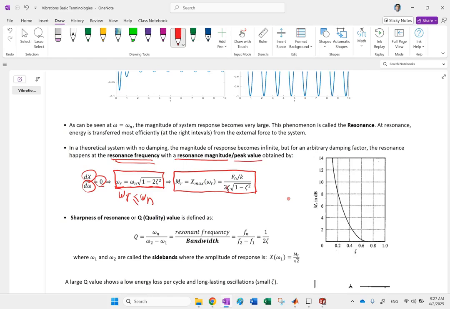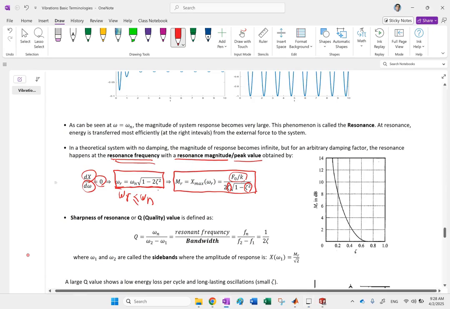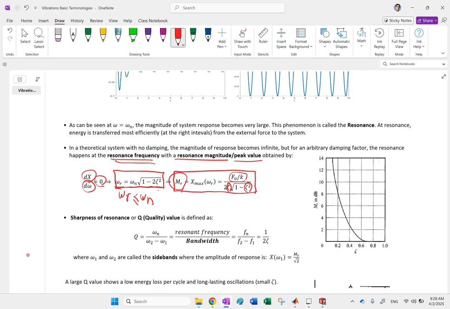Again, you see it's a function of zeta and of course F naught over K. So the actual maximum value is a function of zeta as well as the resonance frequency, and these are the formulas for them. And this is the plot of the peak value versus zeta, but the peak value is shown in decibels. So basically 10 log 10 of that is shown over here.